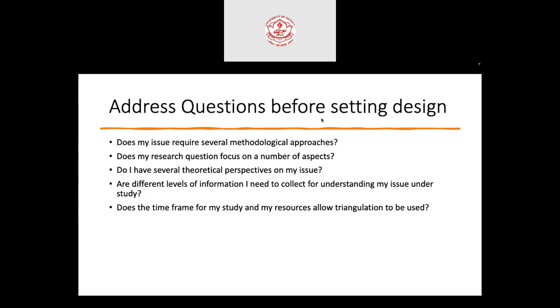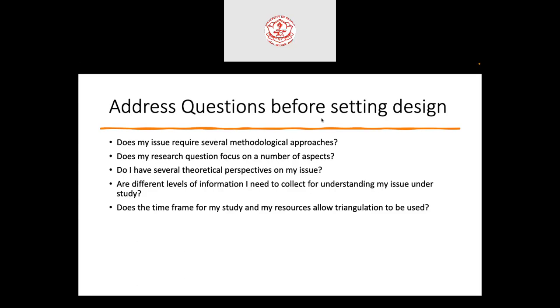Do I need to collect different levels of information for understanding my issue under study? Of course, there are times we need different levels of information for giving the necessary findings of the research. Then, do the time frame for my study and my resources allow triangulation?